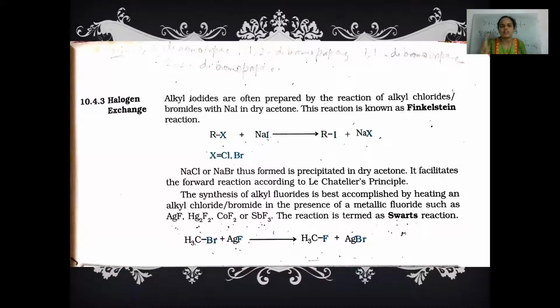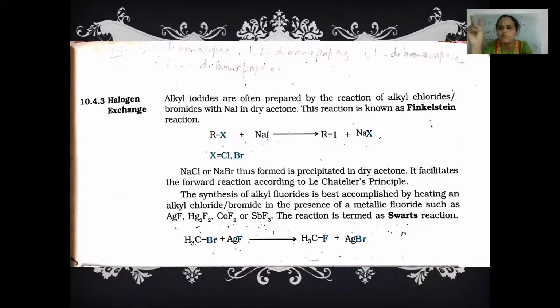The second halogen exchange reaction is the Swarts reaction. In the Swarts reaction, we prepare alkyl fluorides. Alkyl fluorides can be prepared on treatment of alkyl halide with some metallic fluoride. The metallic fluorides can be silver fluoride, Hg2F2, CoF2 or SbF3. And this is the Swarts reaction.